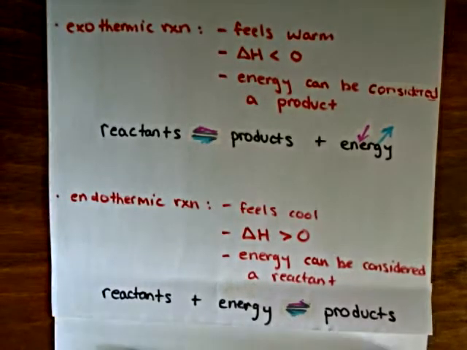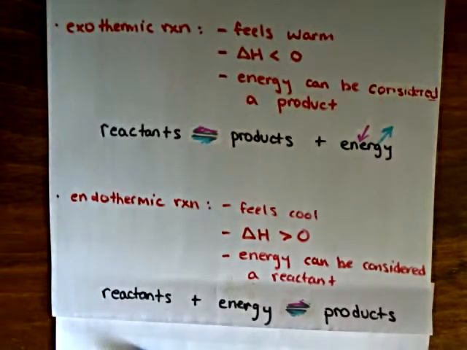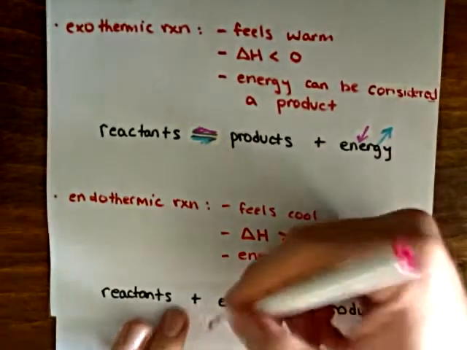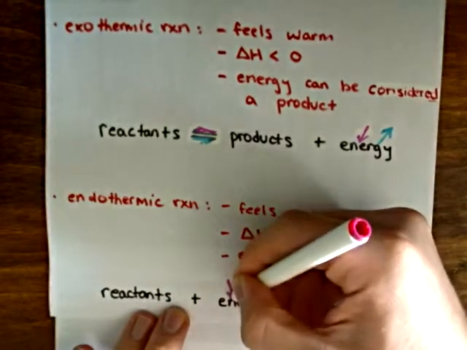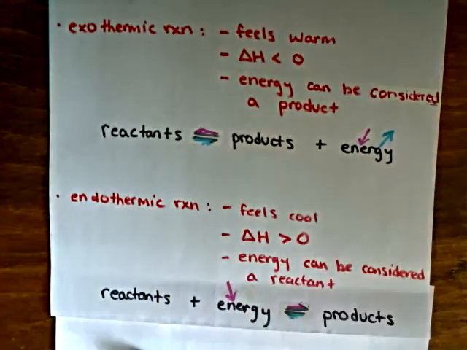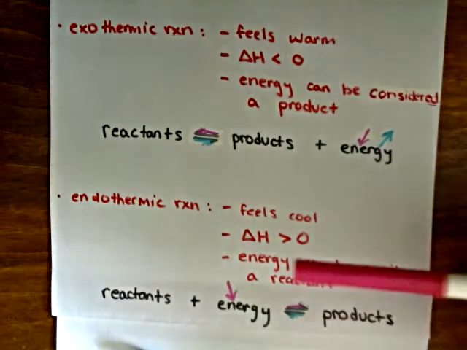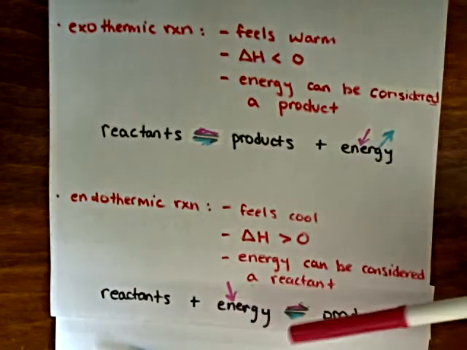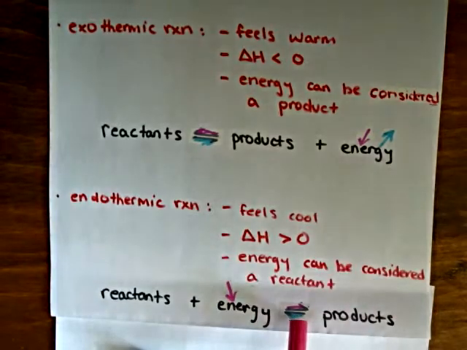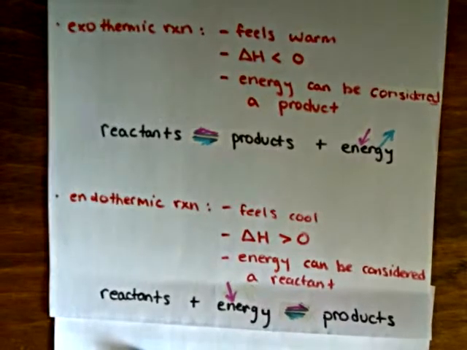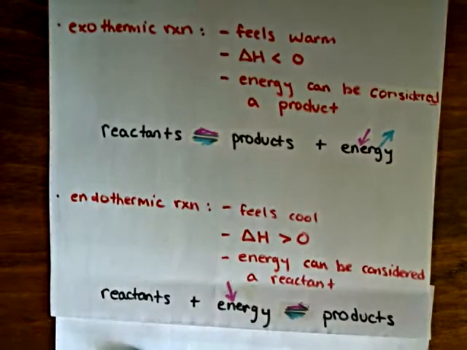We can do the same for an endothermic reaction. So if we're warming an endothermic reaction, I think of it as adding energy into the page, or into the reaction. So whichever direction this red arrow is pointing is the direction that the equilibrium will shift if you warm an endothermic reaction.